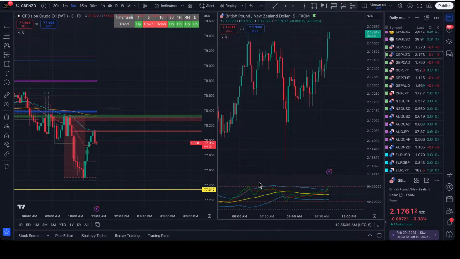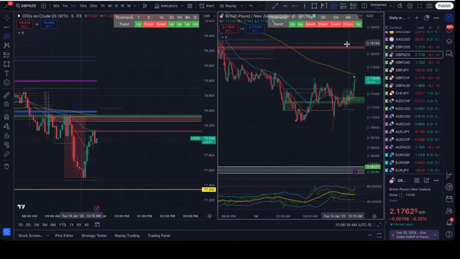Looks like we have a downside expansion model. So we'll take a Fibonacci from Asia down to London. So we're sitting right at 61%, right under the 238.